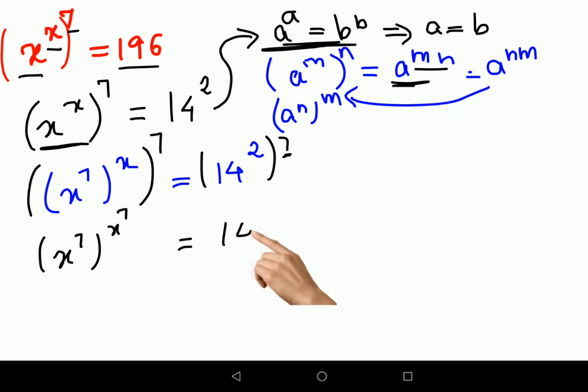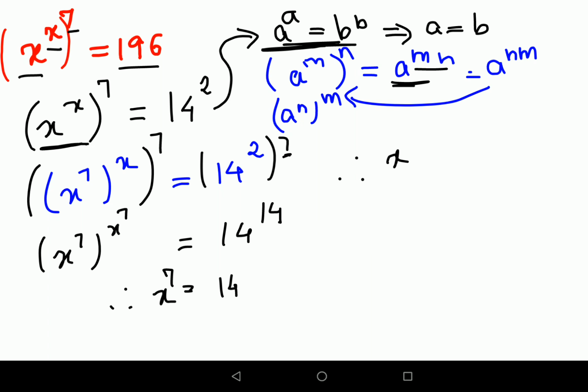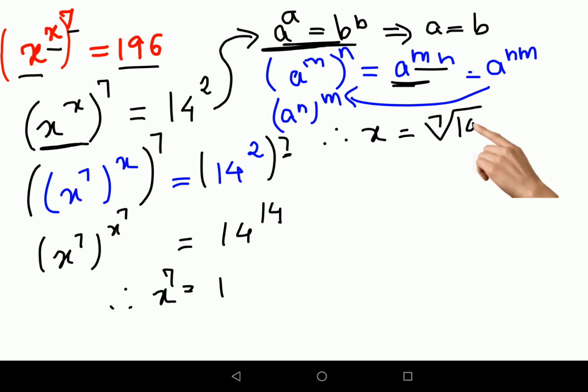So this becomes 14^14. So therefore I can say x^7 is nothing but 14. So the value of x is the 7th root of 14, or I can also write this as 14^(1/7).